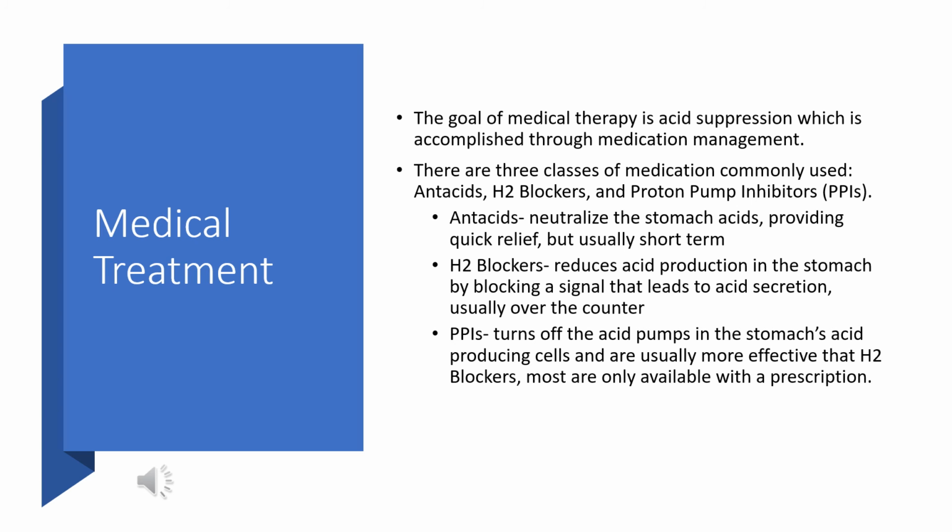PPIs are prescribed and they turn off the acid pumps in the stomach's acid-producing cells and are usually more effective than H2 blockers. Most are only available with a prescription at a dosage of 40 milligrams, like Prilosec and pantoprazole.